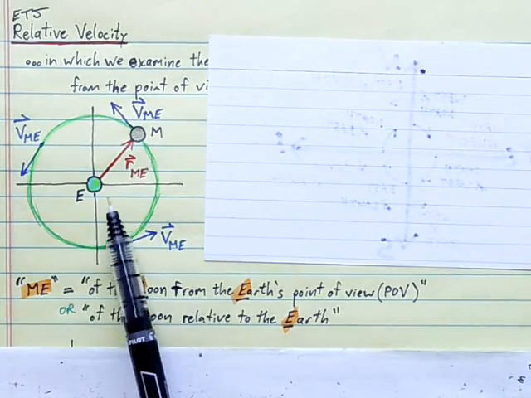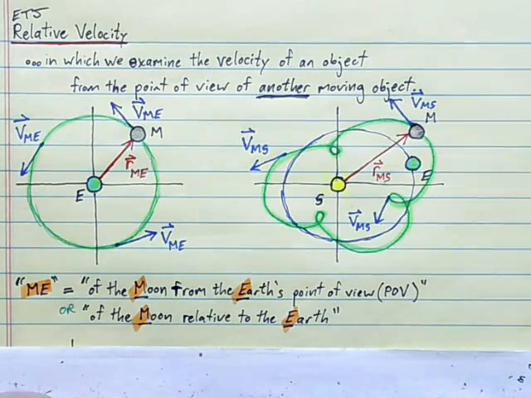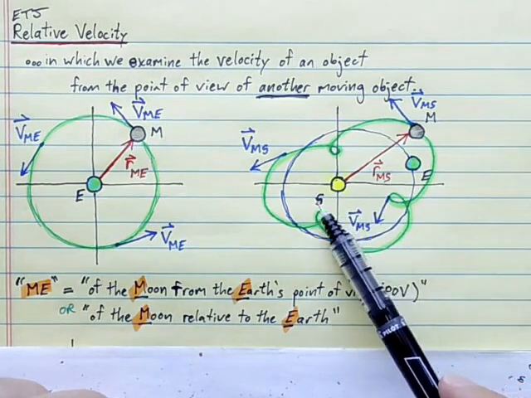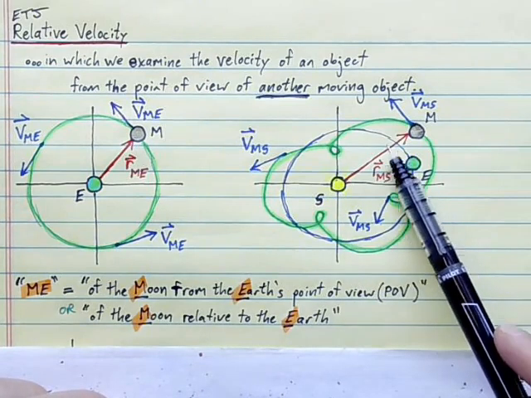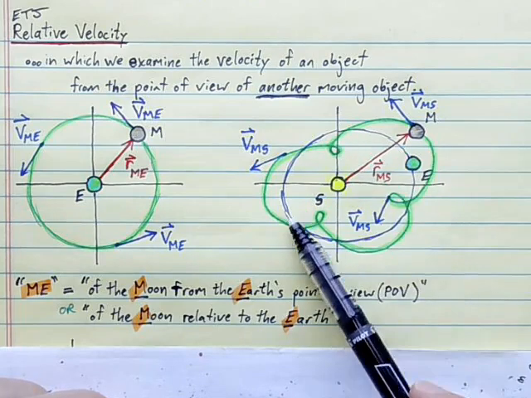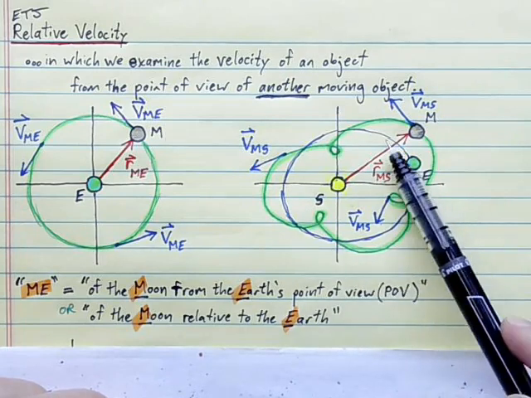But the Earth is not the only point of view we could adopt. Here, I've picked a different reference frame with the sun at rest at the center of this reference frame. And then here is the Earth orbiting around the sun. The Earth's path I have sketched in blue, as a very nearly circular, actually it's elliptical, orbit around the sun.